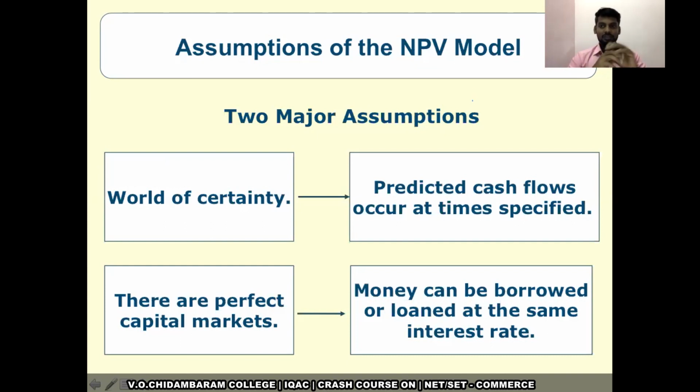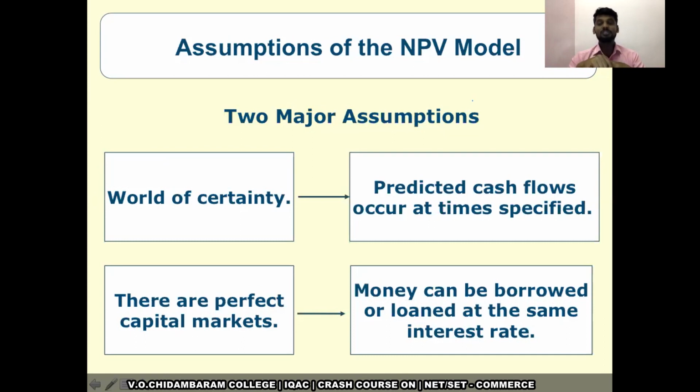So the first assumption is that there is no change in the cash flows that we are going to get in the future. Predicted cash flows will definitely occur. That's the first assumption that we make.